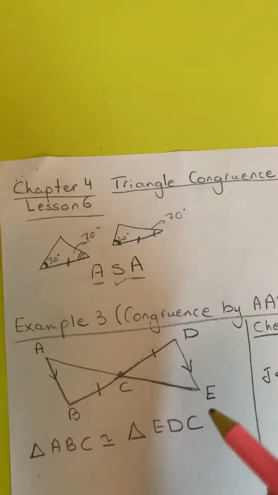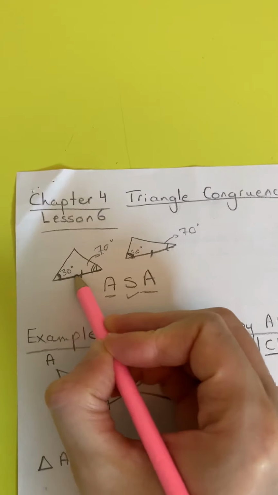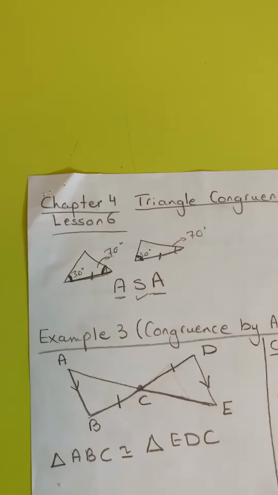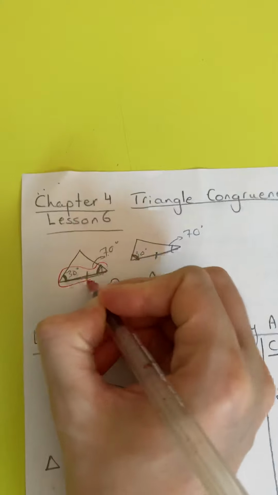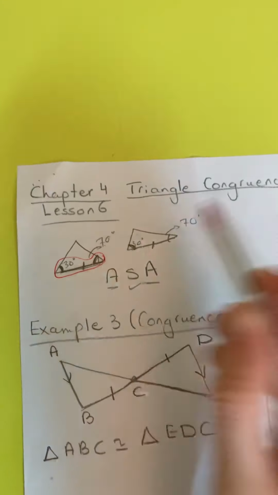And we said that you should note that the side should be adjacent, or next to the two angles, like this. If you can see, they are all next to each other, the side and the two angles.